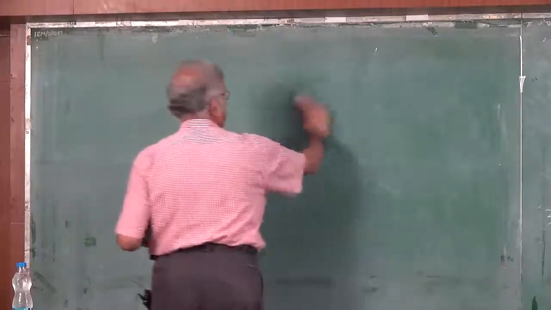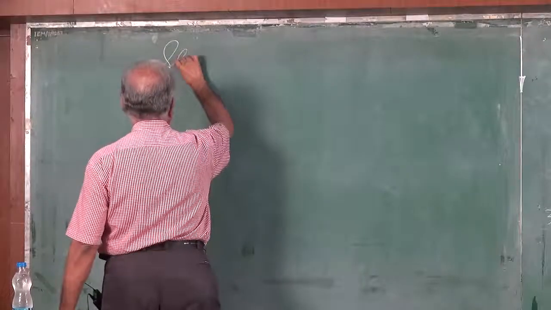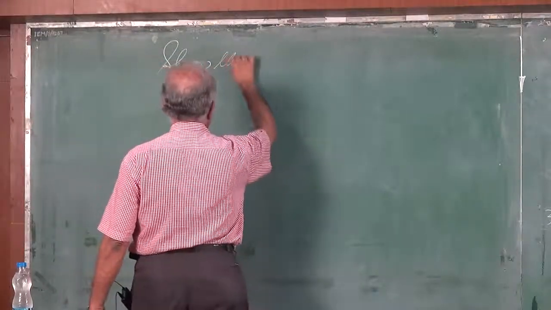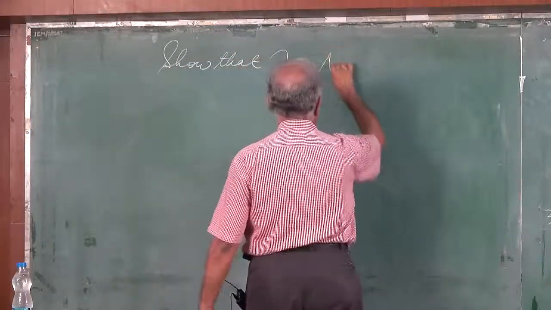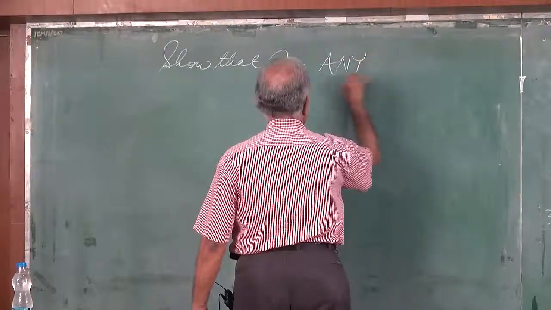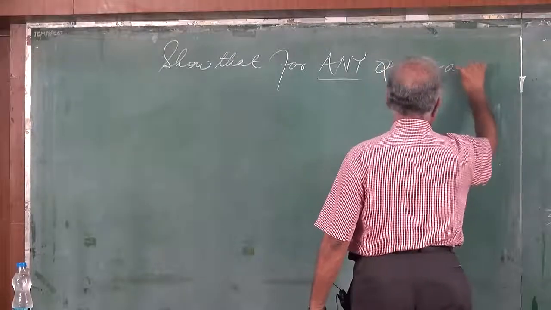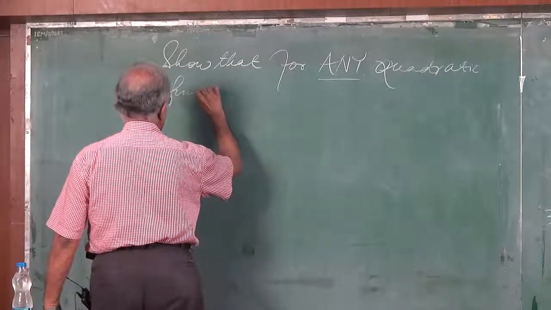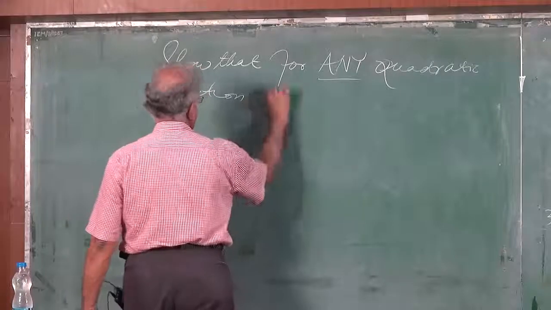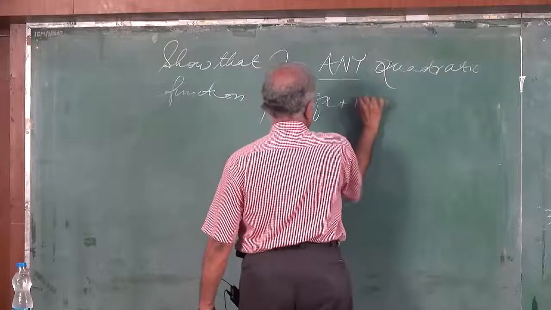The first question reads as follows. Show that for any quadratic function of the form px square plus qx plus r.